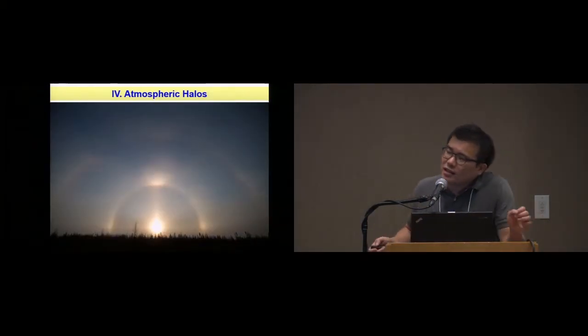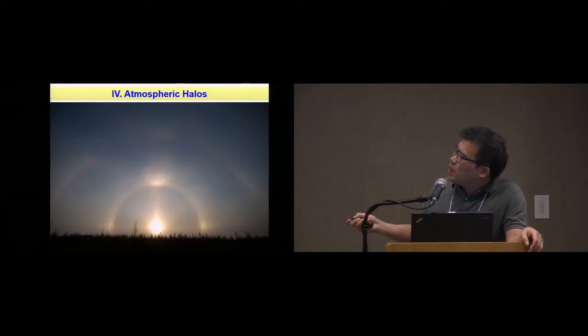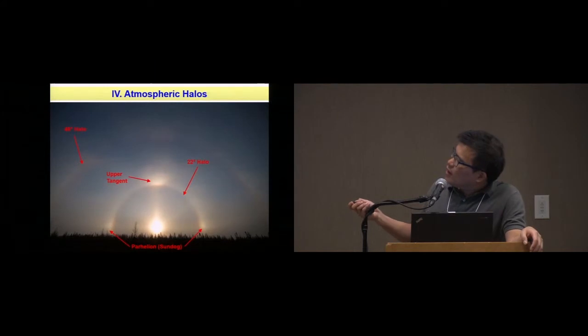You may have seen this beautiful phenomenon. In this figure, 22-degree halos and 46-degree halos, an upper tangent arc, and sun dogs are shown.